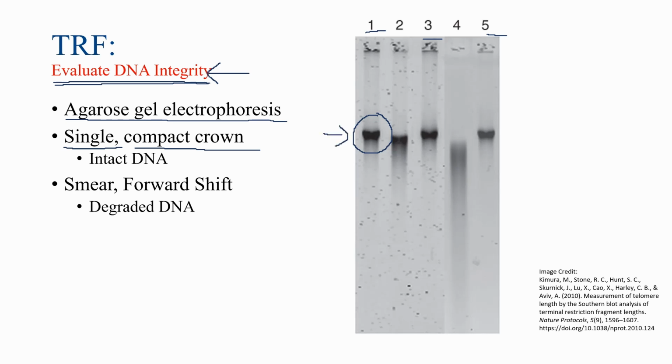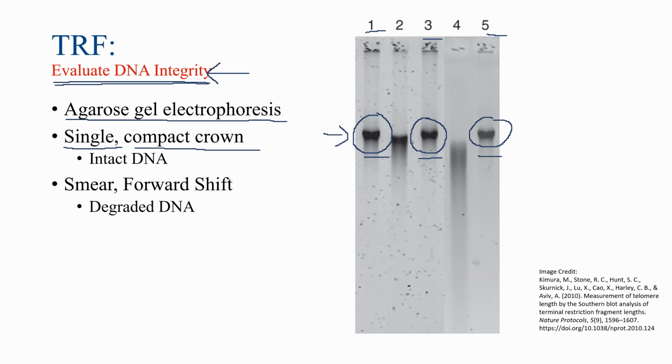In addition, you have only a single band and you do not have any smears or any shifts. So the fact that you have single compact crown-shaped bands, such as what you see in lanes 1, 3, and 5, all indicate that you have intact genomic DNA within the samples of these respective lanes.